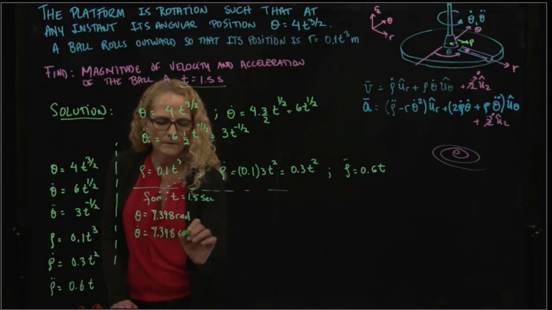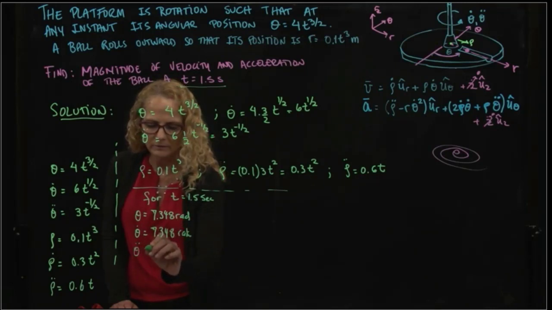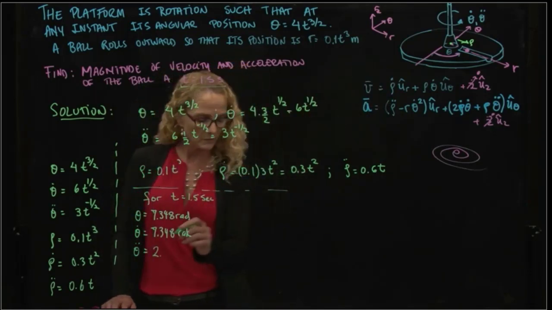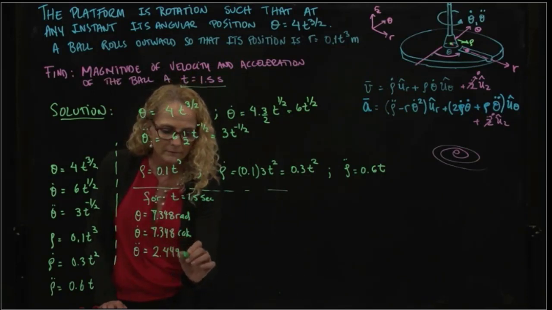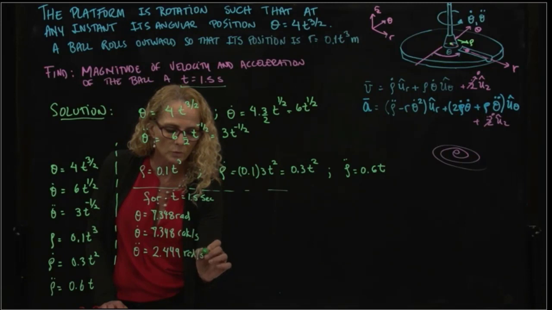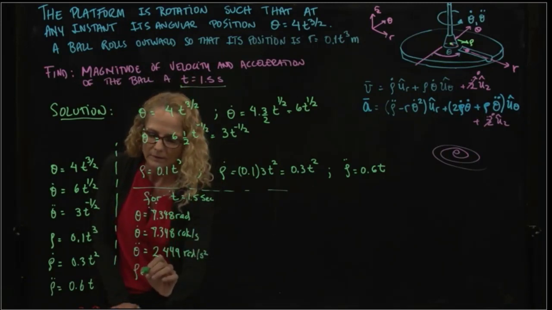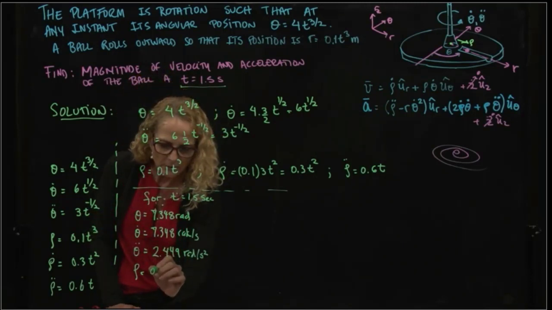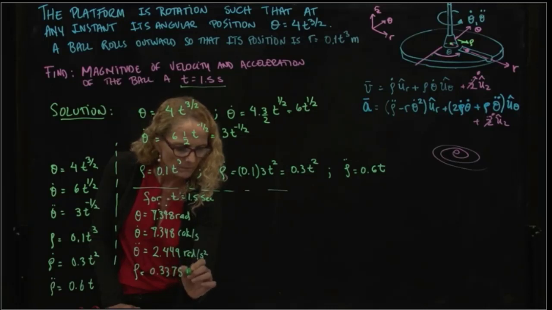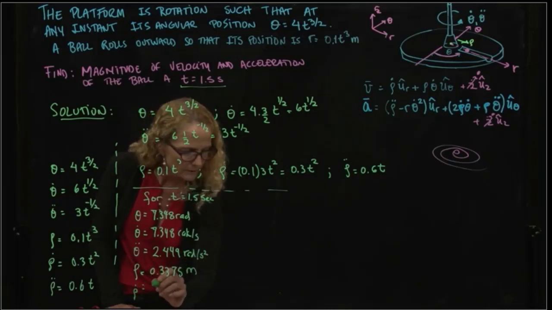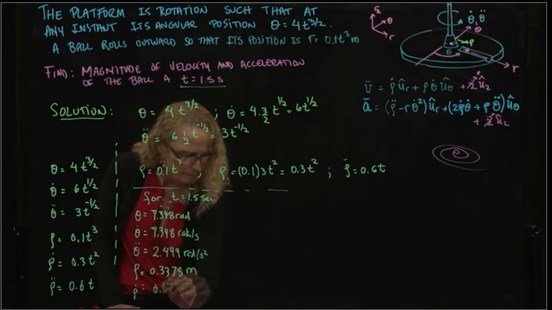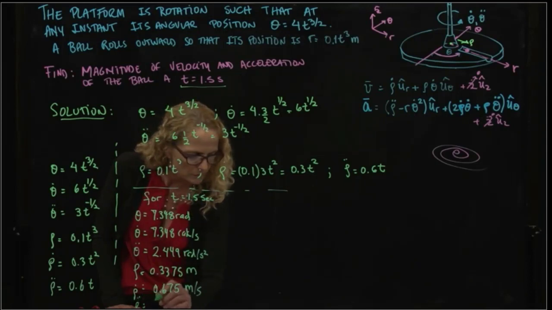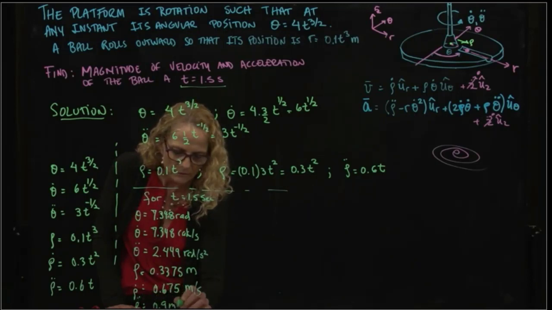And theta two dots, which is the angular acceleration of the platform, is 449 radians. This is over seconds, and this is over seconds squared. So we calculate rho for that time. We plug in 1.5 over here, and we get 0.3375 meters. Rho dot is equal to 0.675 meters per second, and rho two dots is equal to 0.9 meters per second squared.